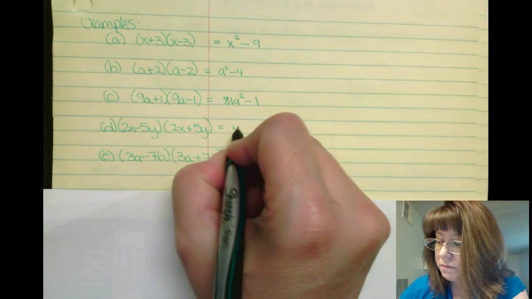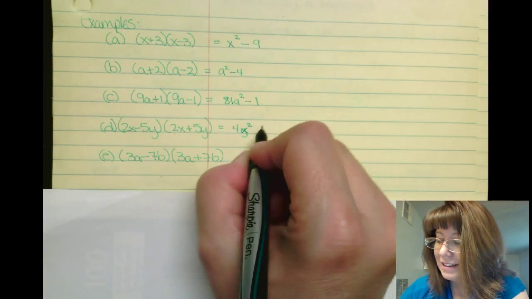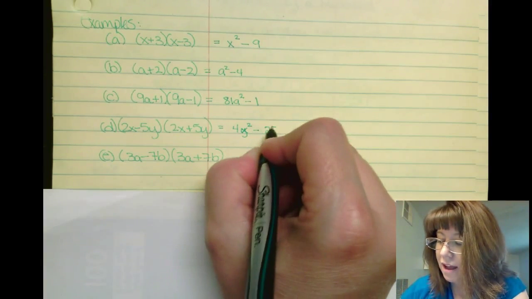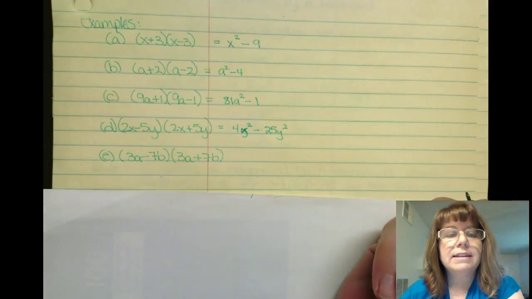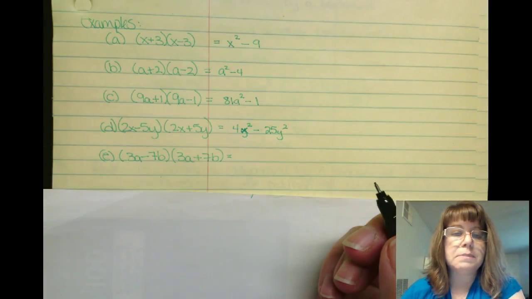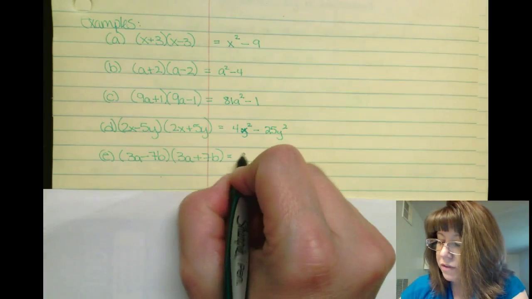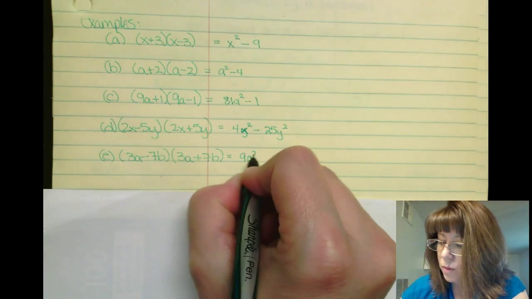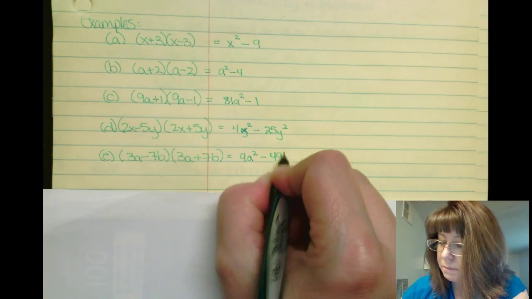Square the first term, 4x squared minus 25y squared. And lastly, 3a minus 7b times 3a plus 7b. Square the first term, 9a squared minus, square the second term, 49b squared.